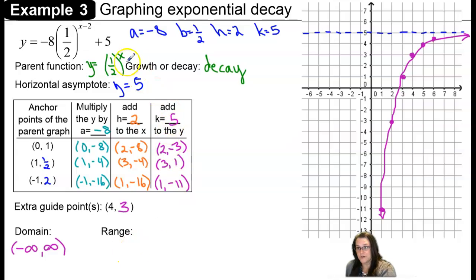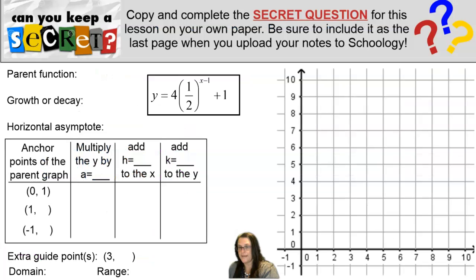The range, because there's been a reflection in the x-axis, we're starting at -infinity and then approaching that value of k, which is 5.